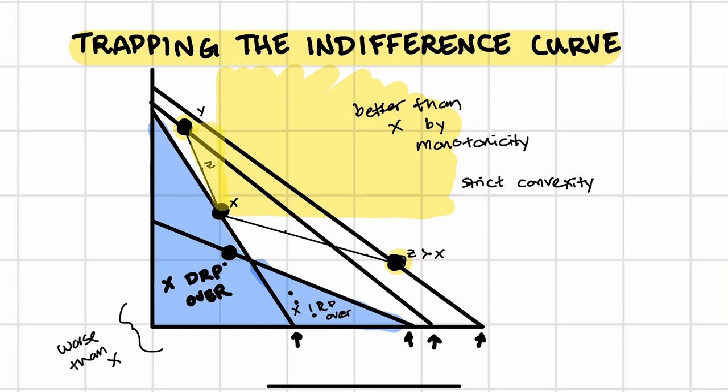All of this area, we know is strictly preferred over X, along with directly to the north of Y. And then same here, this triangle, plus anything that has the same amount of good 2 as Z and more good 1. So these are all the bundles that we know for sure are better than X.